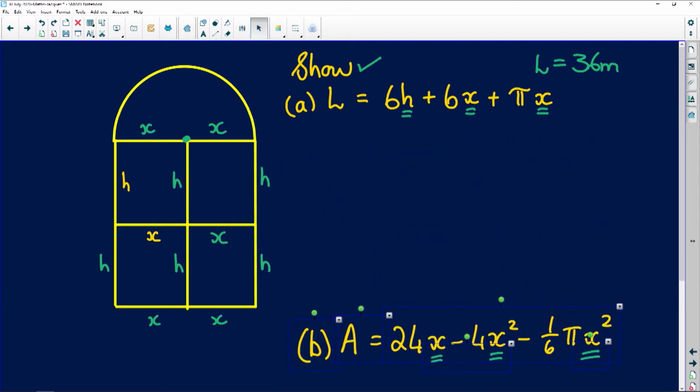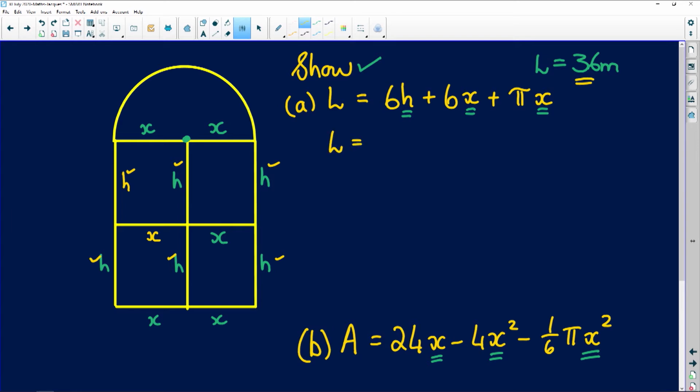Okay, there we go. So our first length that we have, they told us the length is 36. So how many H's are there? There's 1, 2, 3, 4, 5, 6 H's.